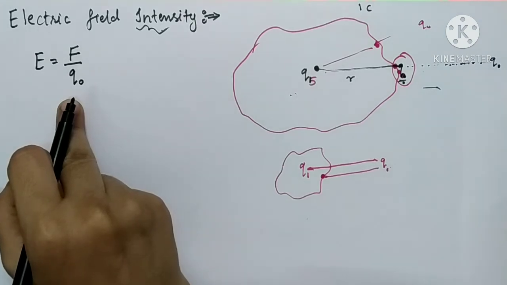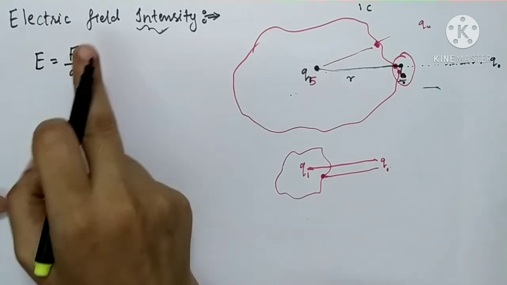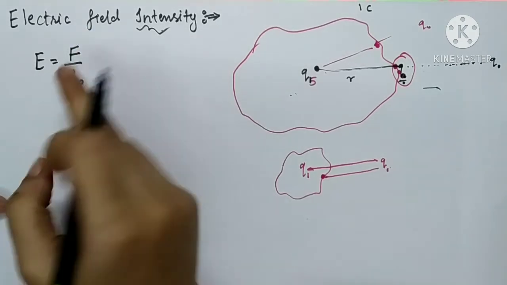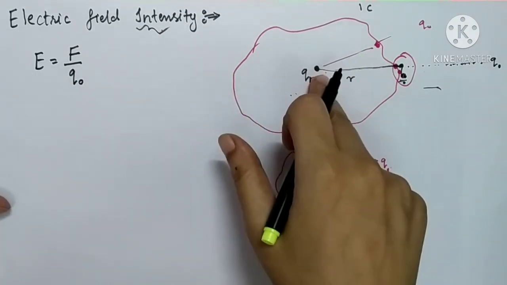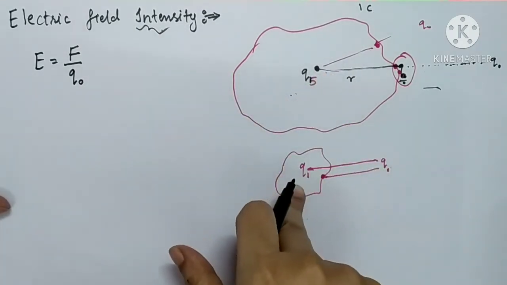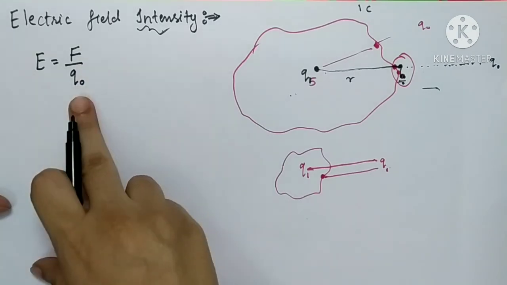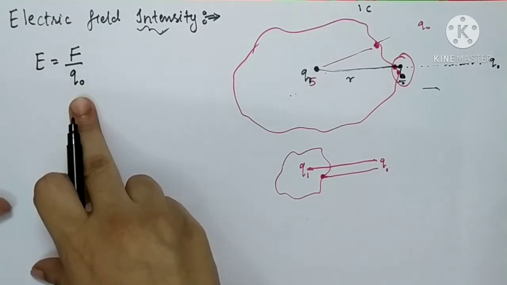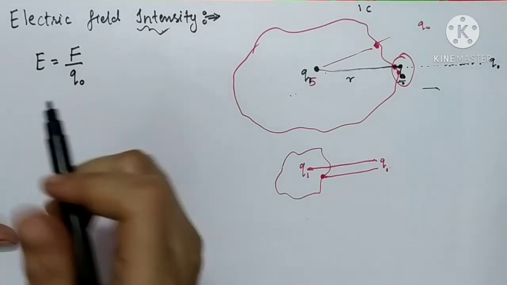So this is the mathematical concept of electric field intensity. How do you come to know that the field is strong? You are measuring the force on the charge. With this force, you will come to know that the field is strong or weak. So F upon Q0 is the mathematical expression for the electric field.